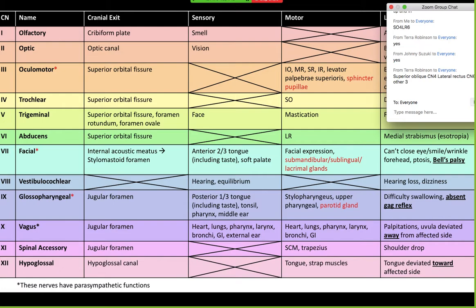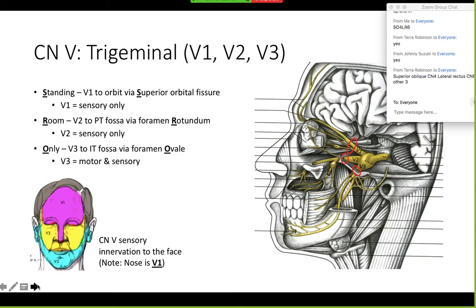So it's going to deviate to the right if it were a lesion to the right hypoglossal nerve. So if you know that, that's an extremely easy point on the lecture exam. Because of course, they're going to have, patient has a lesion to the right hypoglossal nerve, and one answer choice is going to be that it deviates to the right, and one answer choice is going to be that it deviates to the left. So you want to think same side.